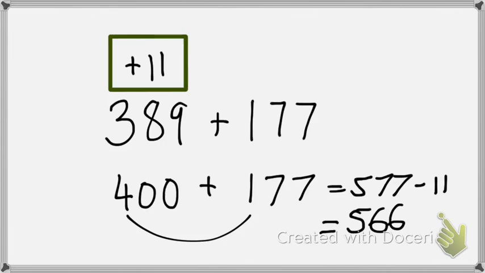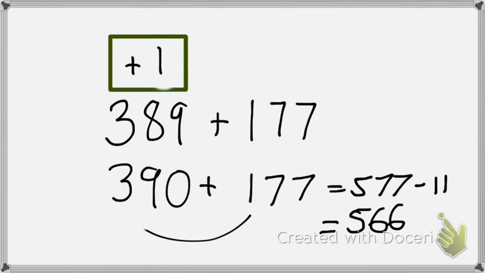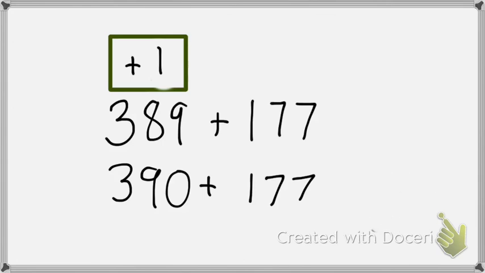Now, a wee word on super tidies, you don't have to do them. If I had just plussed 1 back up here at the start, plus 1, then that would have turned this into 390. And we could have still solved it from there. Let's see what that works like. 300 plus 100 is 400.